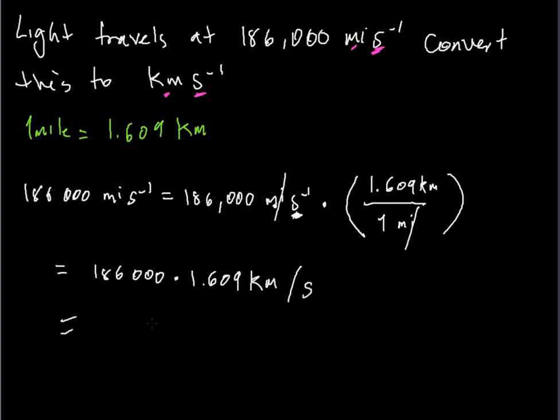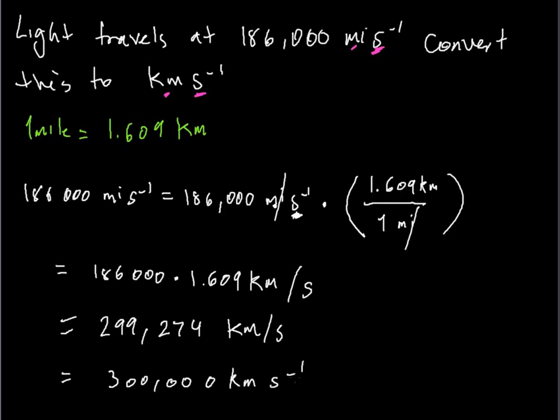Then we'll put that into our calculator, and we attain 299,274 kilometers a second. Of course we could round that to our nearest thousand, which will give us 300,000 kilometers a second. So we know how many kilometers light travels in a second. It travels 300,000 kilometers a second.